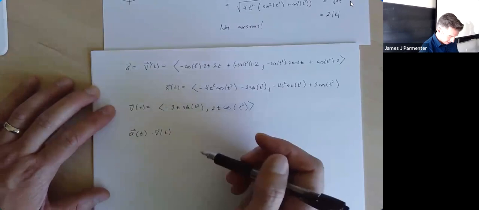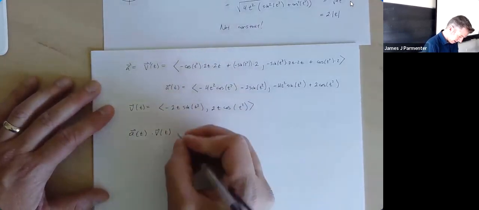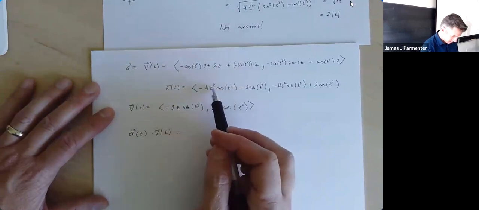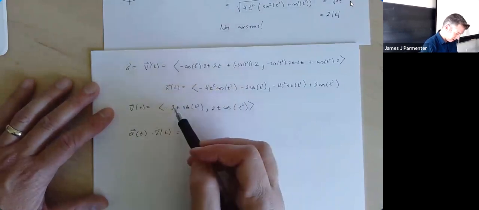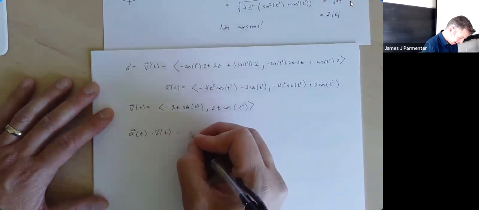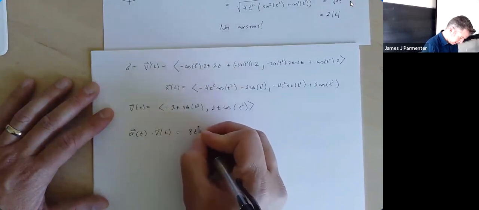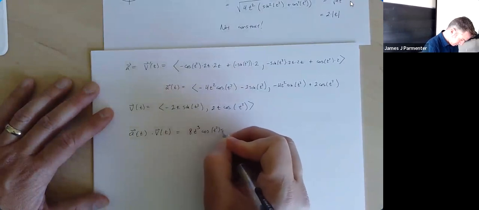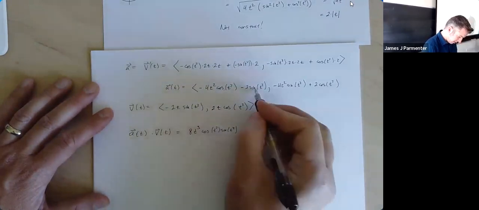So this dotted with that, I'm going to try to be a little bit smart with my work here. Negative 4t squared cosine t squared times negative 2t sine t squared is going to give me a positive 8t cubed cosine times sine. Then I also have this part multiplied by it.